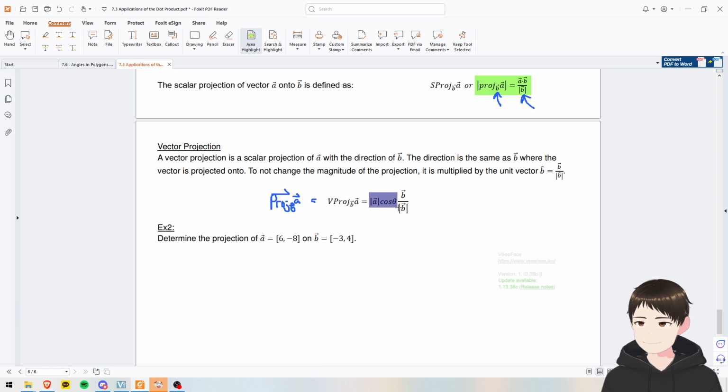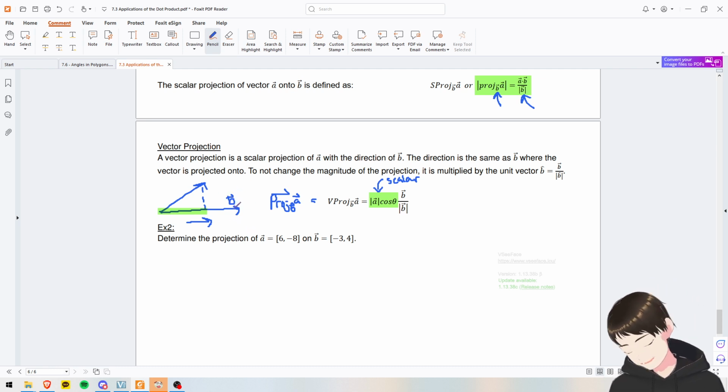Notice this is the scalar portion. And all I need to do is multiply something to it. So what is that something? Well, please recall, a vector projection is the same scalar projection, the shadow, but now I am also interested in the shadow being cast in the same direction as B. But if I talk about the direction of B, I don't want to deal with the magnitude.